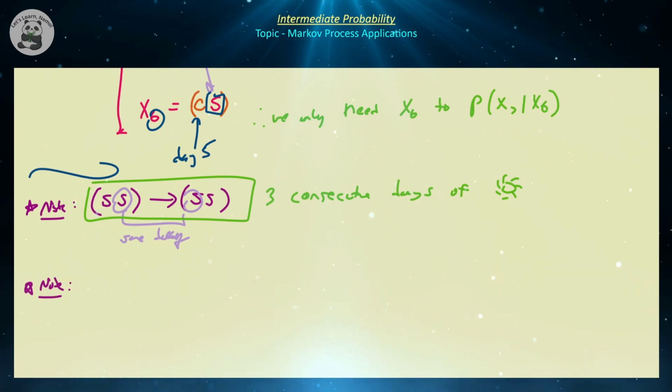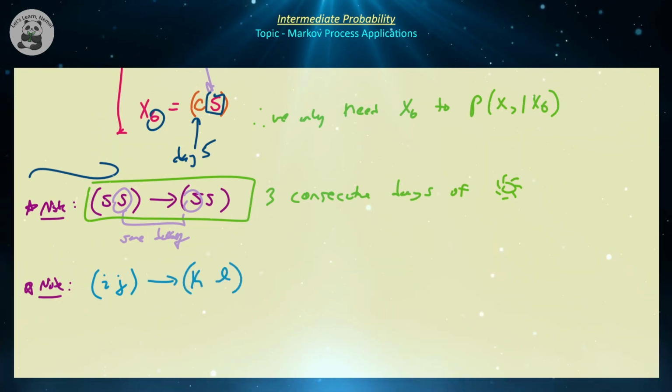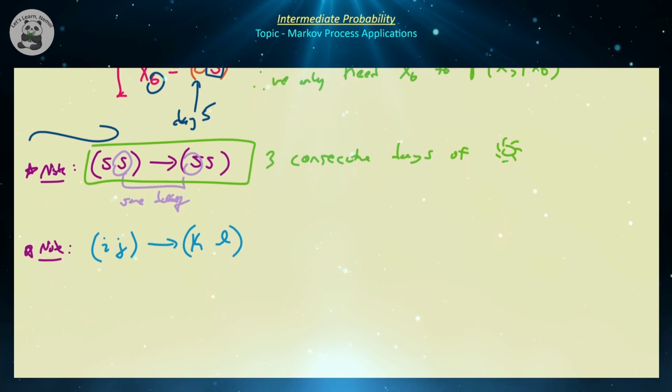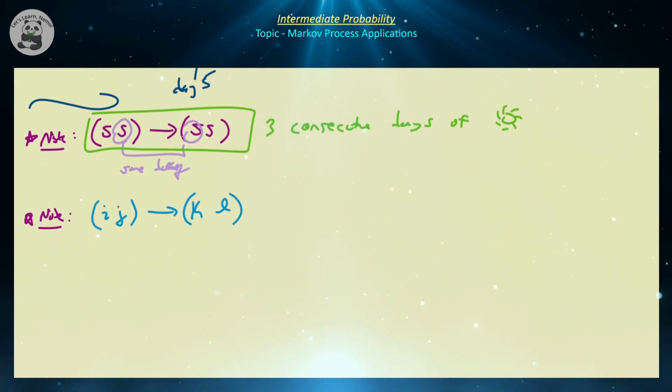And another note that you probably have already figured out: technically we can have more than sunny and cloudy. So if we transition from ij to kl, for example, there must be some things that are true. Let's assume that this is Xn, and this is Xn plus 1.